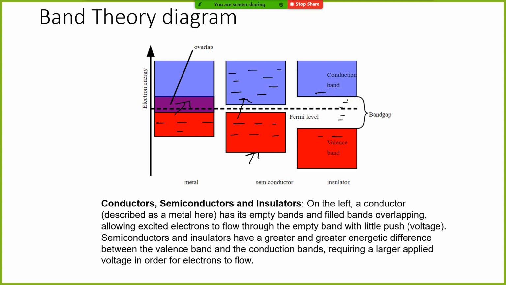Some pots have handles that you think are insulated, but if you're crazy enough to hold on to that, it will burn you. So that could explain what is happening there. Those electrons gain enough energy to transfer to the conduction band.